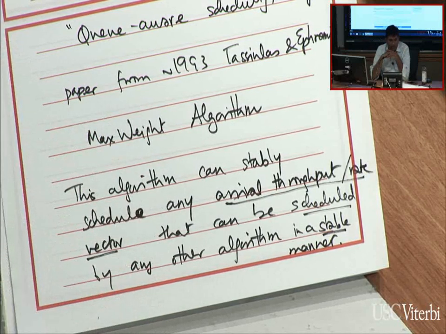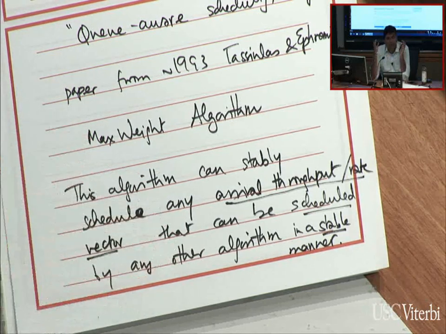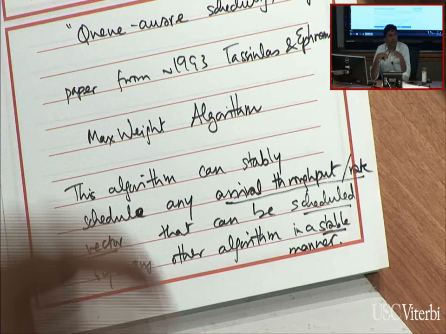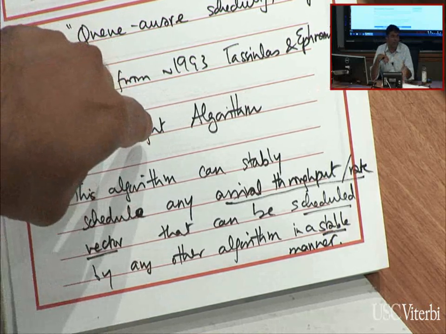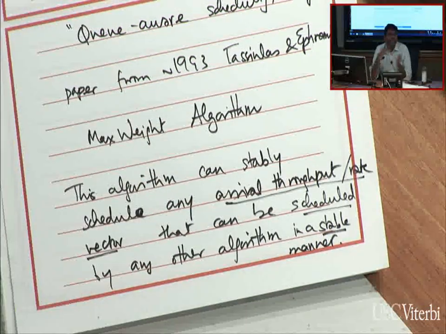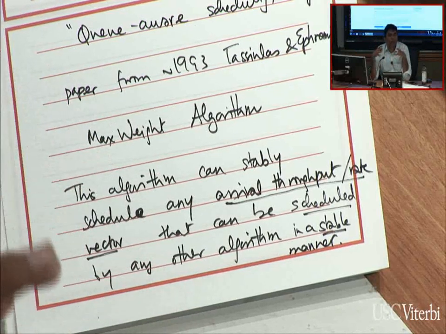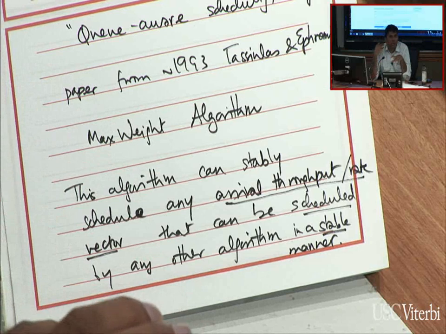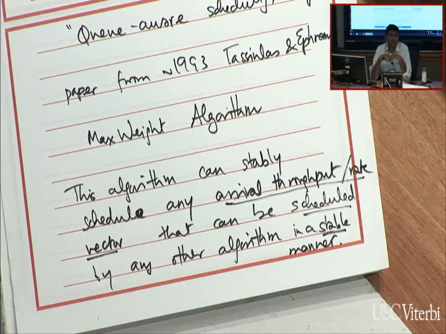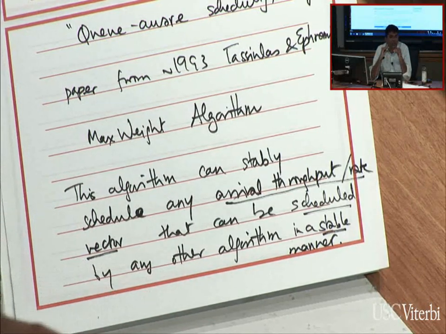Right? So long as there's any algorithm that can do that for a particular set of data rates in the network, their algorithm can. In other words, their algorithm is enough to optimally schedule every possible throughput vector that is possible to schedule.